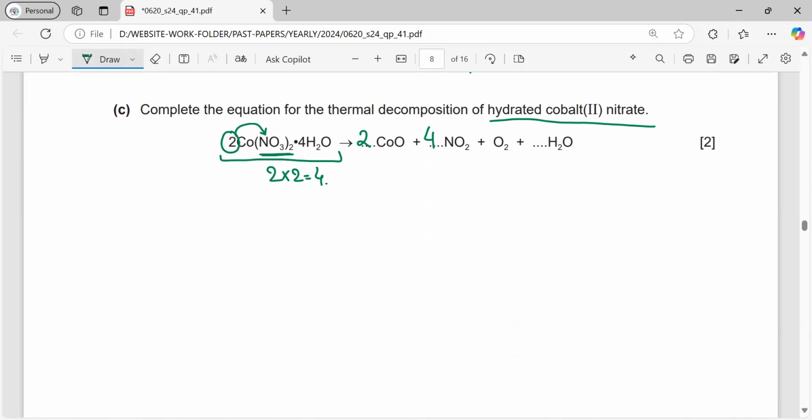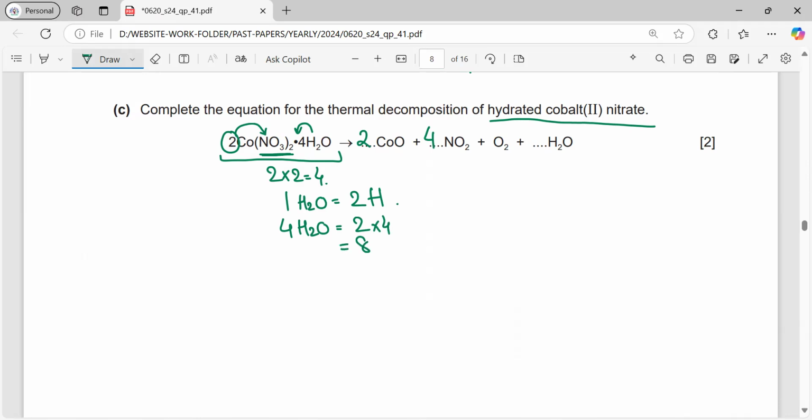Now as for the water, we have 4 molecules of water, and each water molecule contains 2 hydrogen atoms. So 4 water molecules contain 2 into 4 hydrogen atoms, which makes 8.